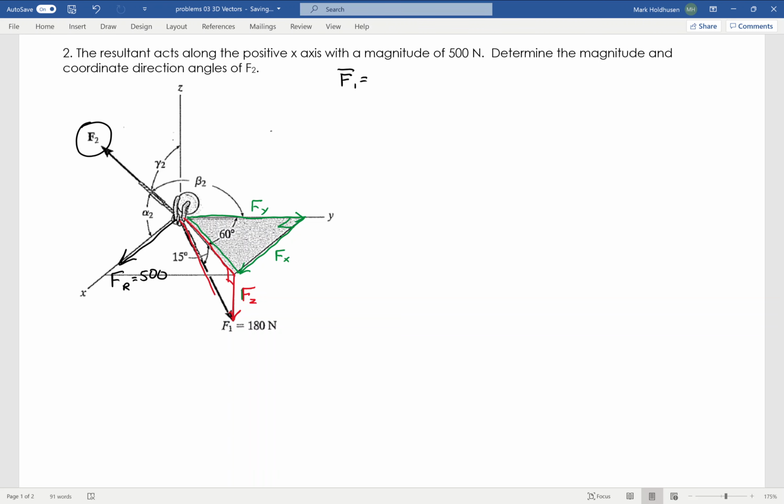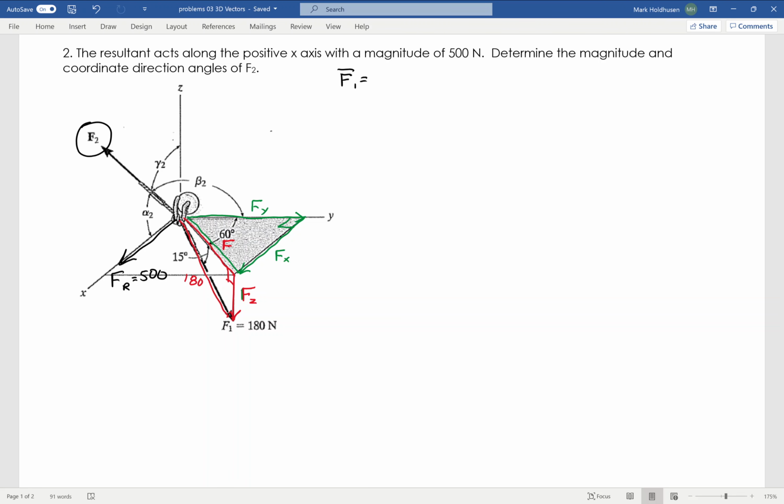And I have this side right here. This side of that triangle is what I know, which is 180, right? And what I have along that middle there, I'll just call F for this point. That is one leg of the red triangle and the hypotenuse of the green triangle.